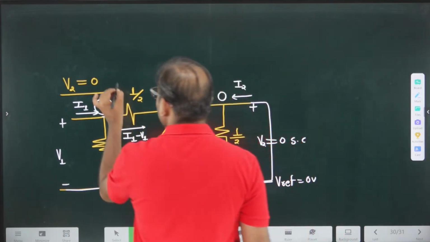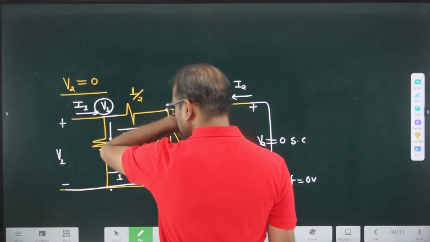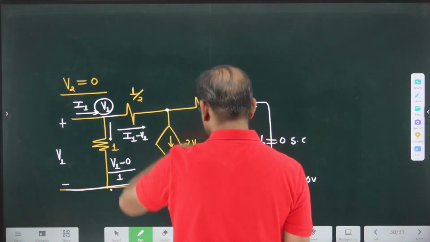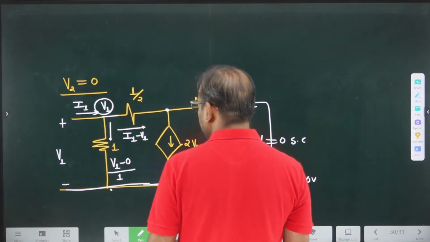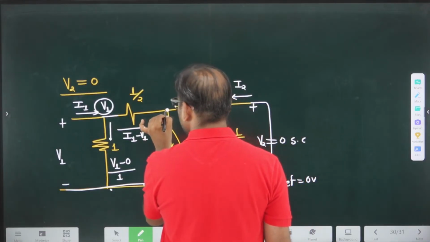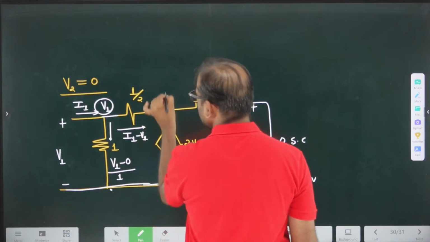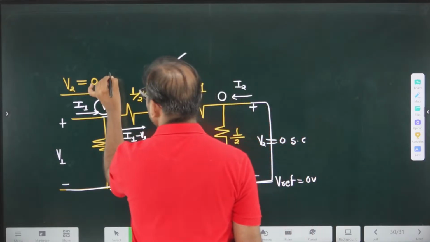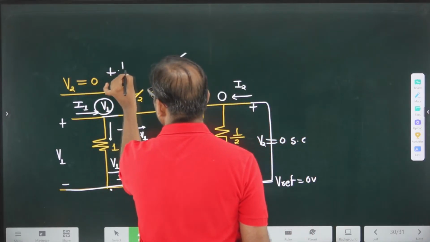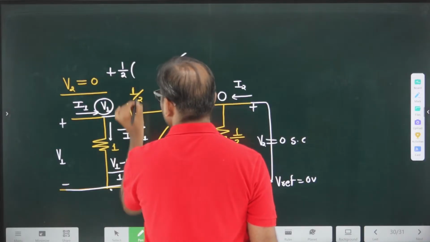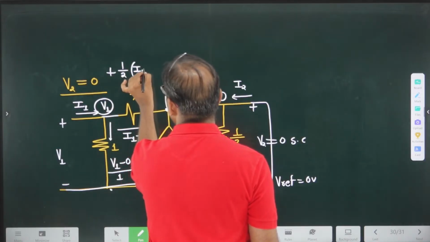If this current is I1 minus V1, I can write the potential here. What is potential at this point? So you can say potential at this point is what? This is 1/2 times of I1 minus V1.